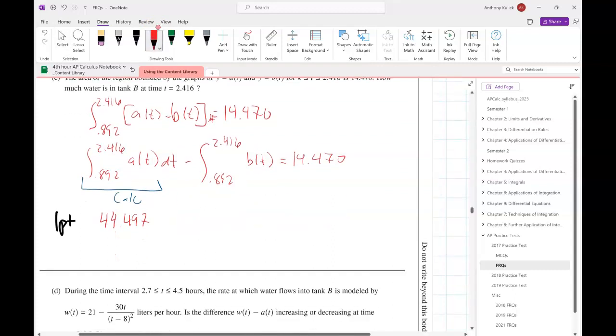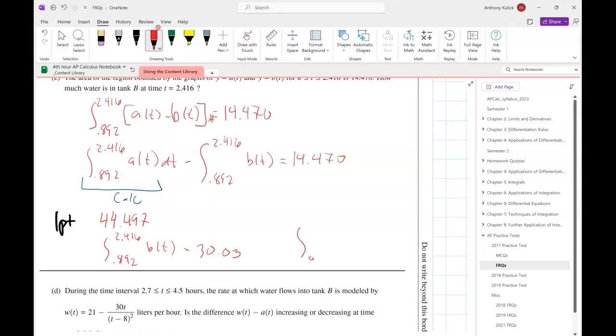So with a little bit of algebra, I can see that the integral from k to 2.416 of B of t is 30.03 or something.